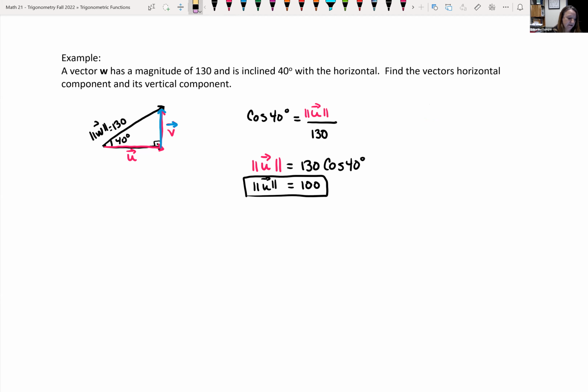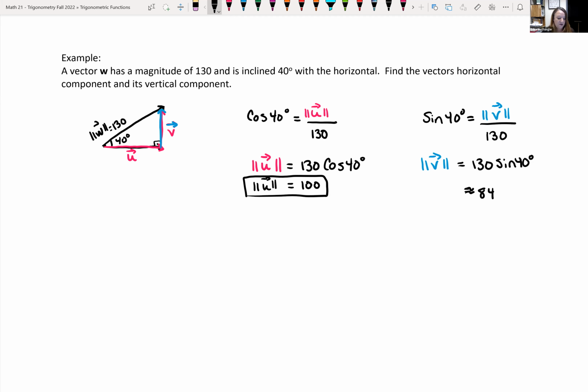So sine of 40 degrees is equal to the opposite, which is the magnitude of V, divided by the hypotenuse, which is the magnitude of W, which we were given was 130. We can multiply both sides by 130, so we have 130 sine of 40 degrees. This gives us approximately 84.